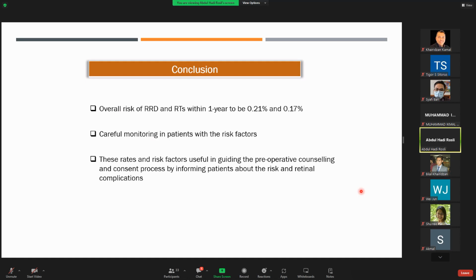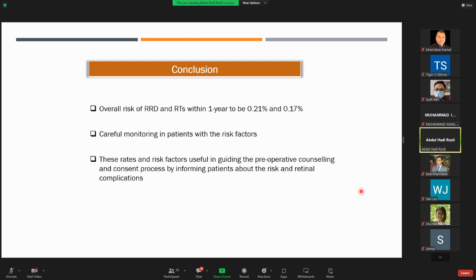I think if I encounter a patient with high myopia, or a patient with risk factors such as dense cataract or high myopia, I just take myself as an example. I take quite some time to give the pre-operative counseling, just to inform the patient about the possible risks that can occur.